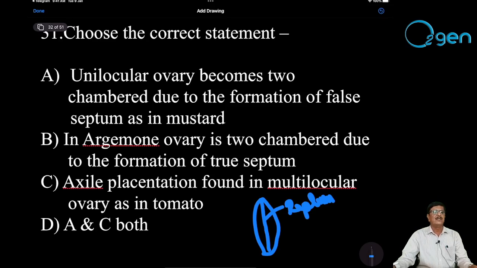Option A is correct. B: In argemone, the ovary is two-chambered due to the formation of a true septum. Hence it has a septum in the middle and is two-chambered. C: Axial placentation is found in multilocular ovary as in tomato. Correct? Sorry, the tomato is not multilocular, it is bilocular.